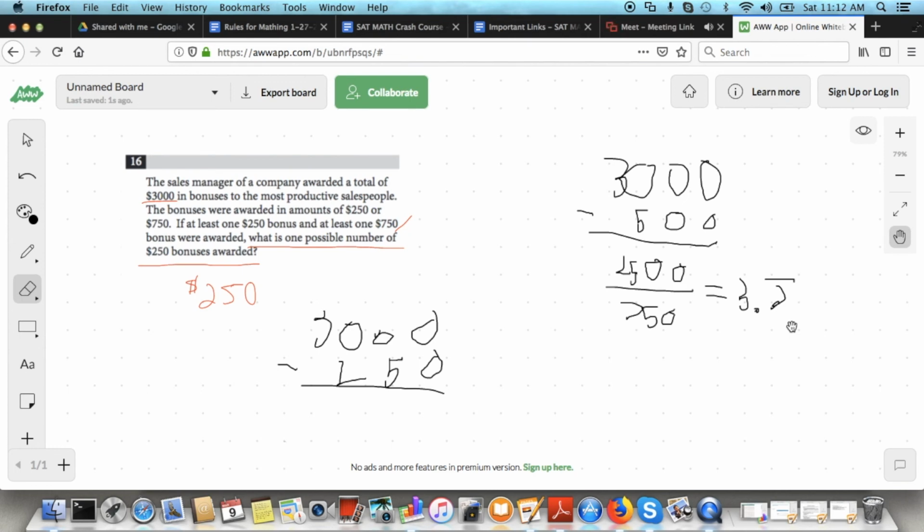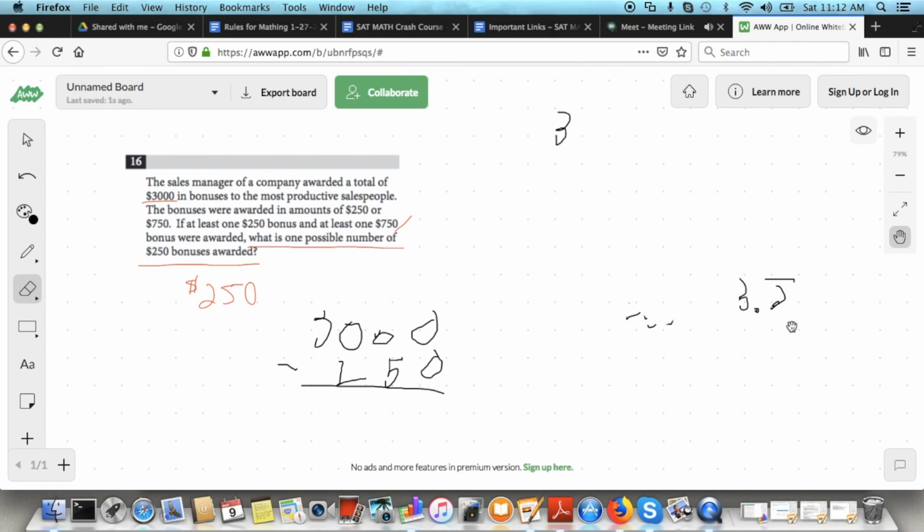Okay. Should we try something bigger than just 3? I would try 3 here. Then we have 3,000 minus 250 times 3, which is 750. And that equals 2,250.